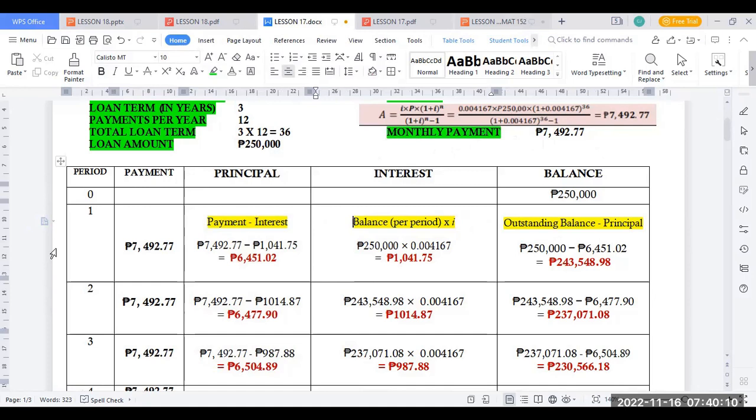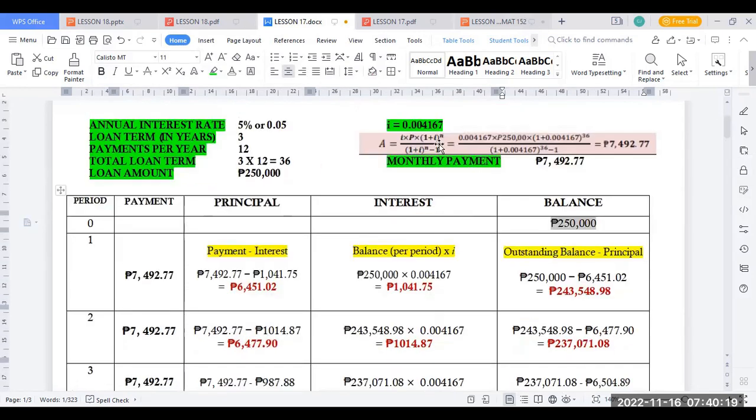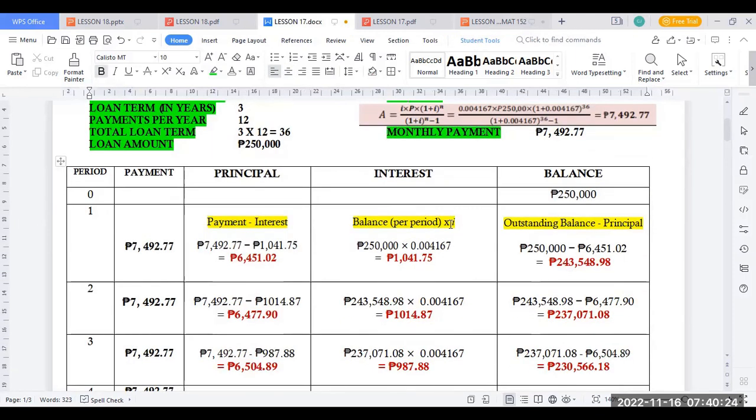So, nasa first month pa lang tayo, the loan amount or the balance is 250,000. Times i, okay, that's our i is equal to 0.04167. Tapos, i-multiply natin sa interest na 0.04167. Okay, and that will be equal to 1,041.75.